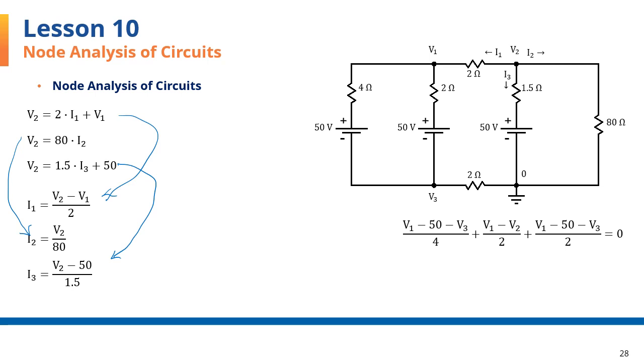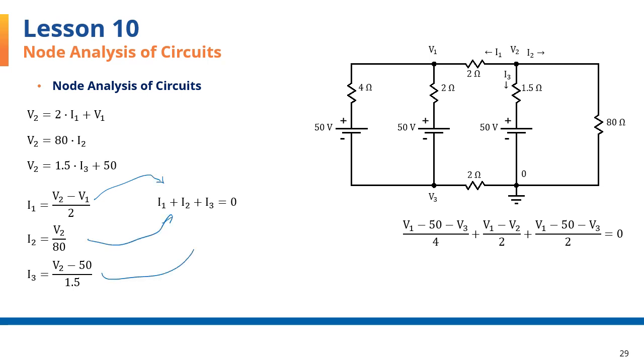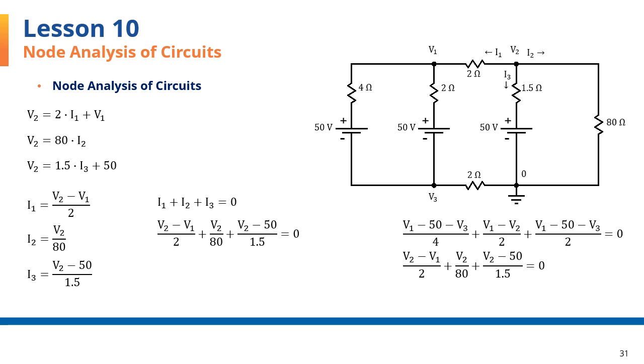Write the KCL at this node, I1 plus I2 plus I3 equals 0, and then we'll substitute for I1, I2, and I3 from those equations, and form our second equation in voltages. I'm just going to make a note of that here. And then we'll move to node 3 or V3.